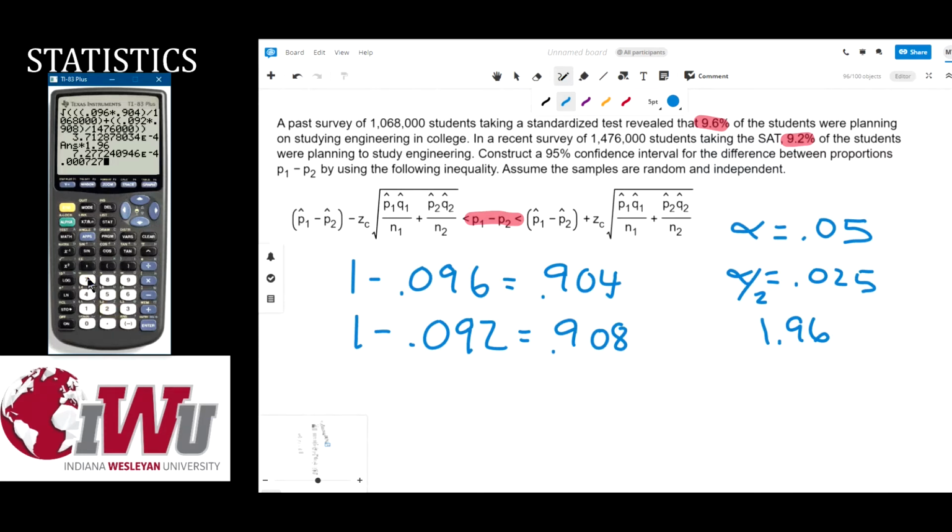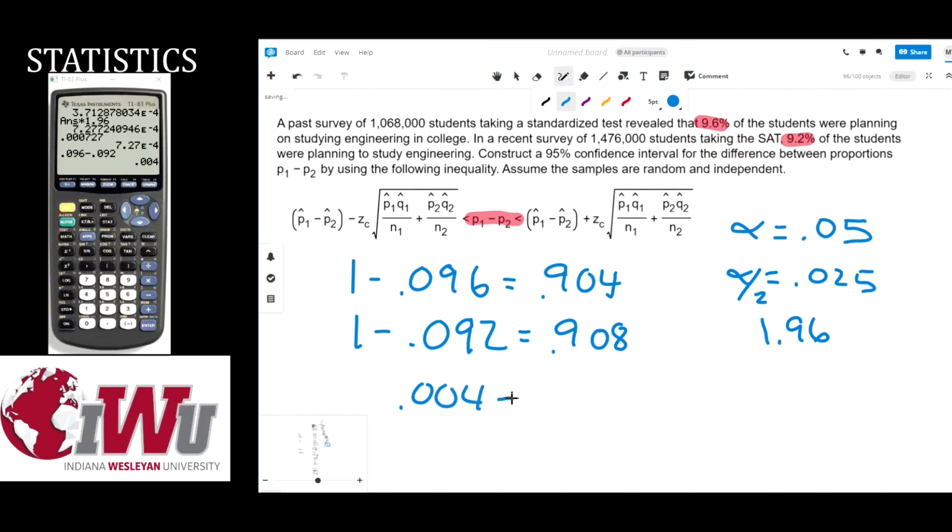Remember, we're going to be subtracting some pretty small numbers from it. What I mean by that is this: p hat 1 minus p hat 2, what exactly is that? Well, let's take a look. The p hat 1 is 0.096 minus 0.092, so we're basically going to 0.004.